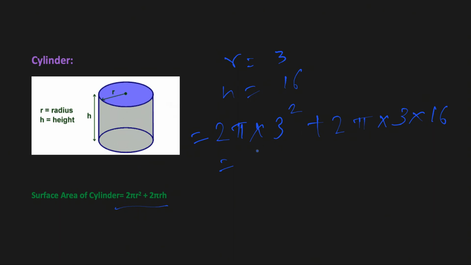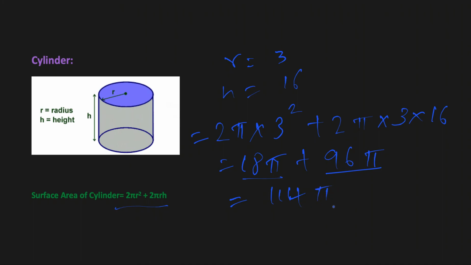And if we solve this, we get 3 square is 9, 9 times 2 is 18 pi, plus 2 times 3 is 6, 6 times 16 is 96 pi. And if we add 18 pi plus 96 pi, we get 114 pi.